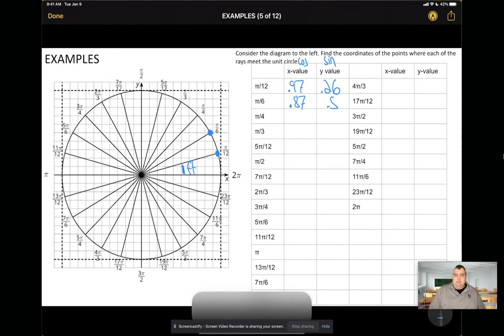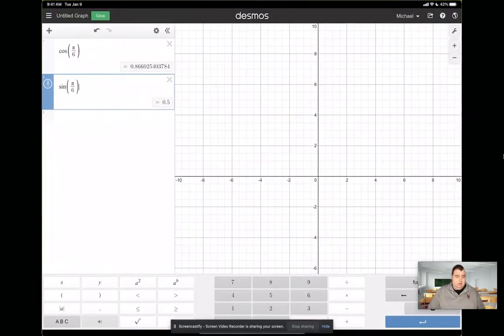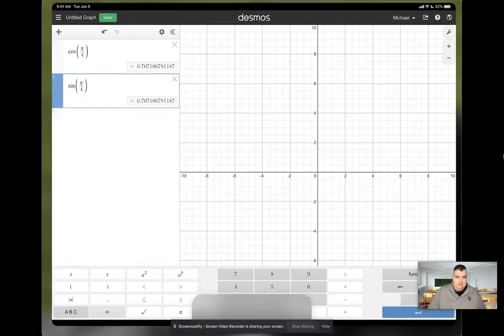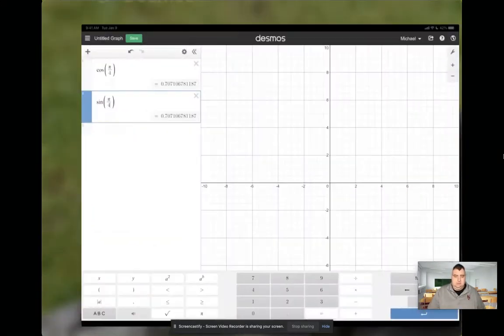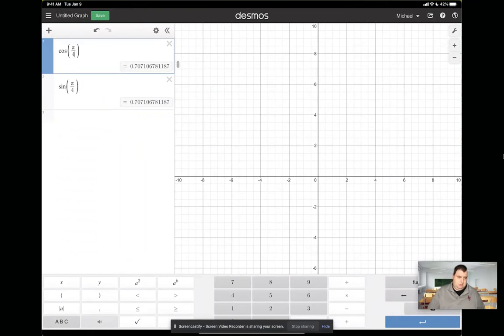Next we have pi over 4. So 0.71 and 0.71. Pi over 3. Okay, so 0.5 and 0.87.